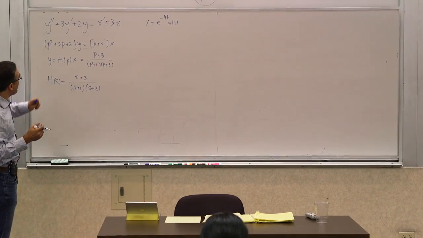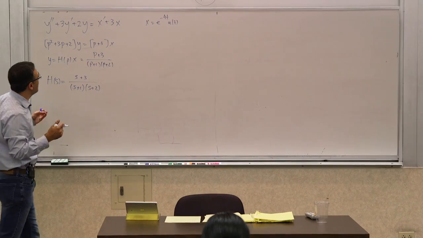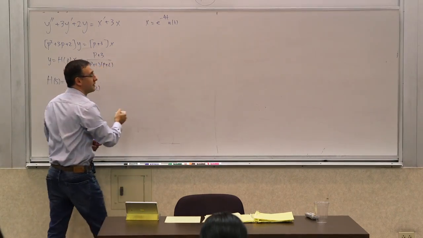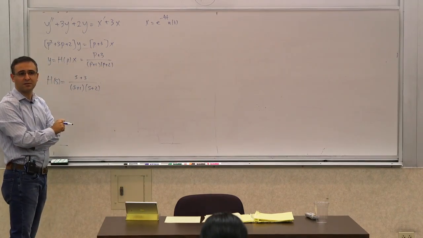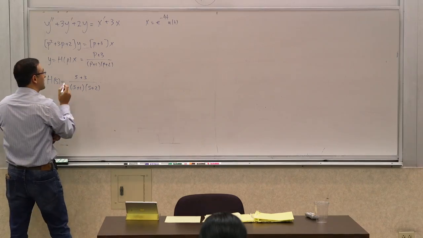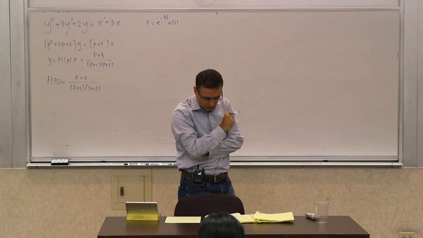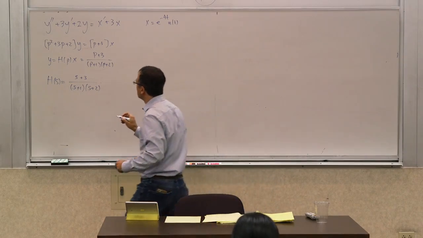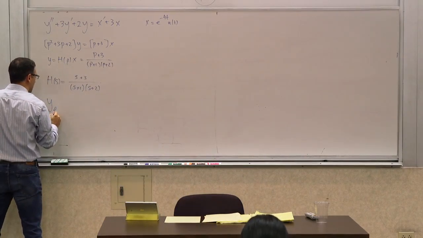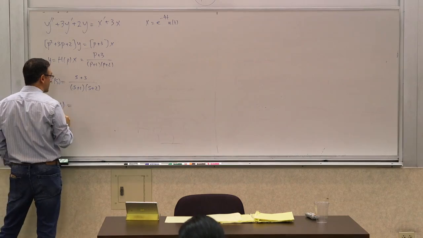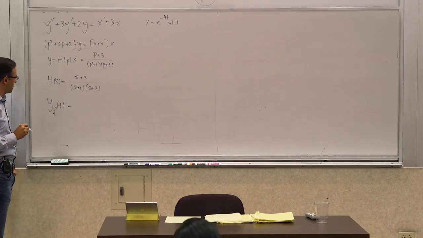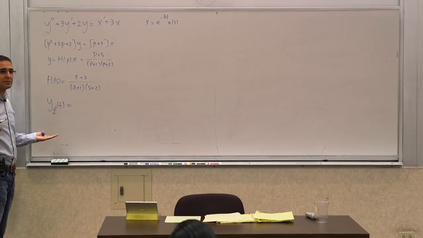Now you have that, and you want to find the response to this thing. If I'm only interested in the forced response, what is the y_f of t? It should be pretty straightforward to calculate, right?